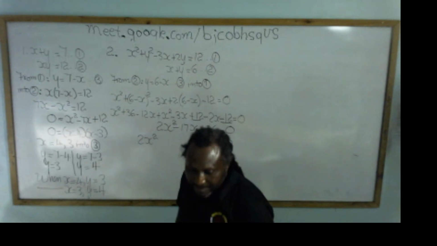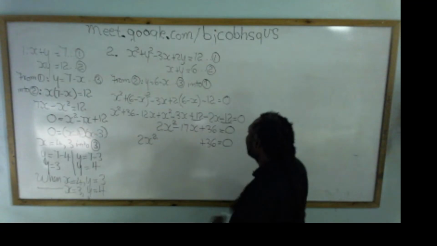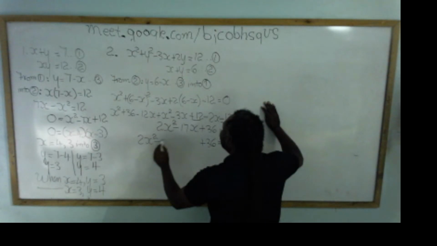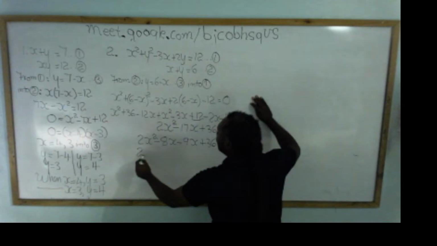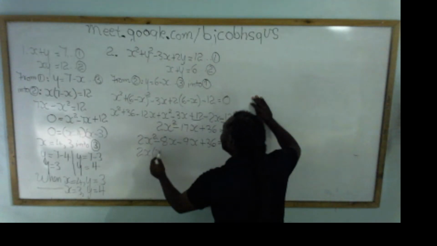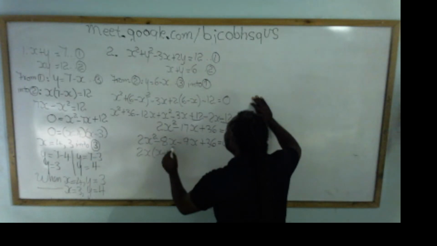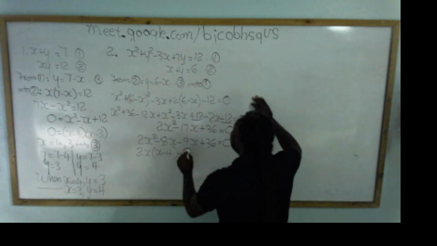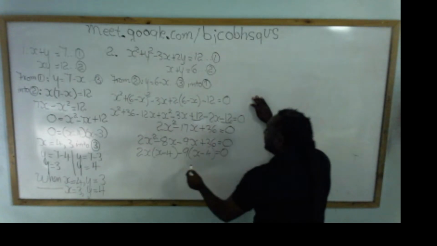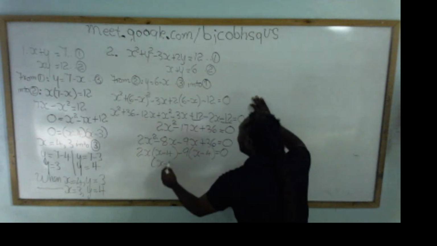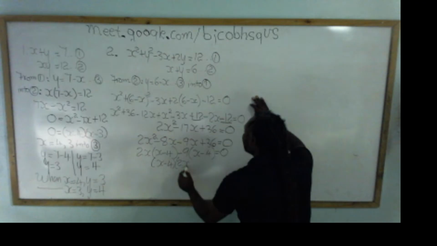All right, let me put those in. Negative 8x minus 9x. What's common? 2x, x minus 4, minus 9, x. Negative into positive is negative. So, x minus 4. Students, everything that we are doing here was covered.